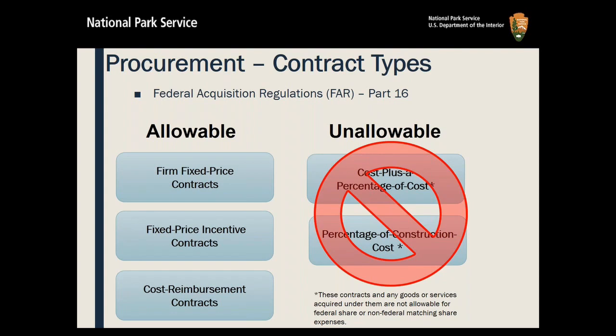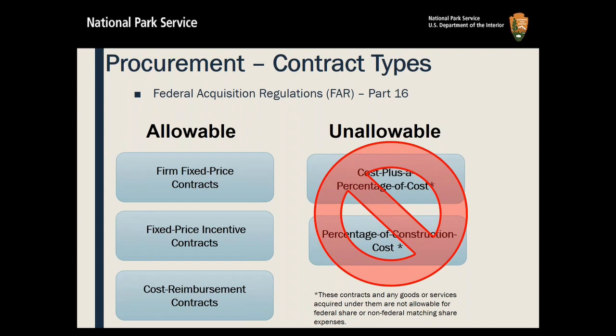Then there is the fixed price incentive contract, and that is a fixed price contract, but it does leave some room for adjustment based on the amount of work or other extenuating circumstances. But they have to be things that can be easily calculated. It can't be, well, we've worked an extra 200 hours unexpectedly, and that goes just far beyond what your budget is.